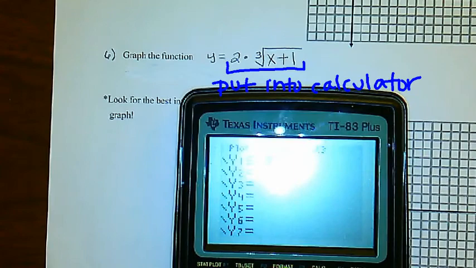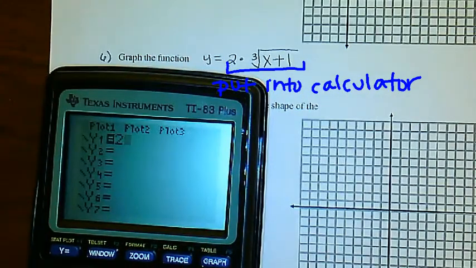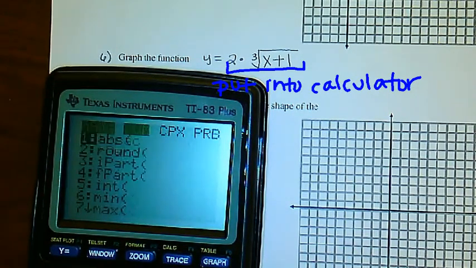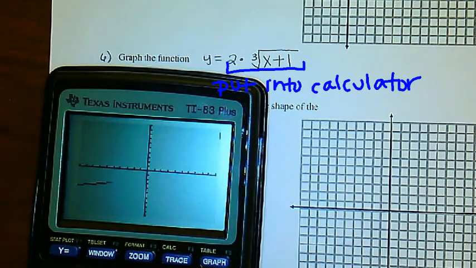So hit 2, and then you can hit the multiplication button if you want. Then do your math, go down and then do x plus 1. Okay. So that's what your graph will look like.